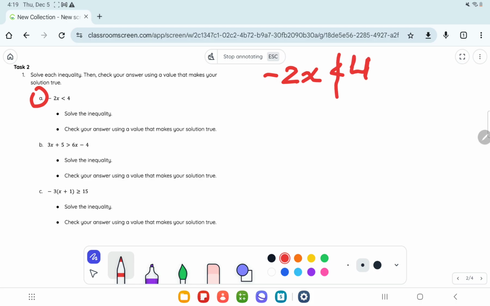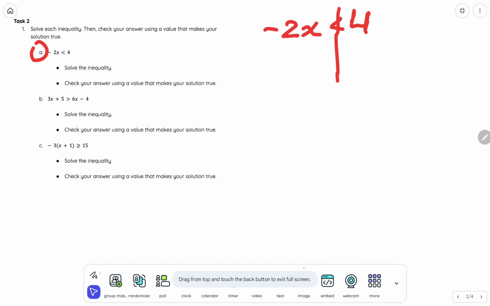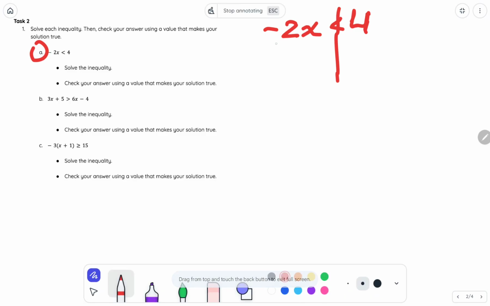And again, we're going to solve this like we would any other inequality. However, if you remember from middle school, when you multiply or divide by a negative with inequalities, you have to flip your inequality symbol. So in this case, in order to solve for x, I would have to divide both sides of my inequality by negative 2. That would give me that giant 1, so that way I can get a 1x on the left-hand side.